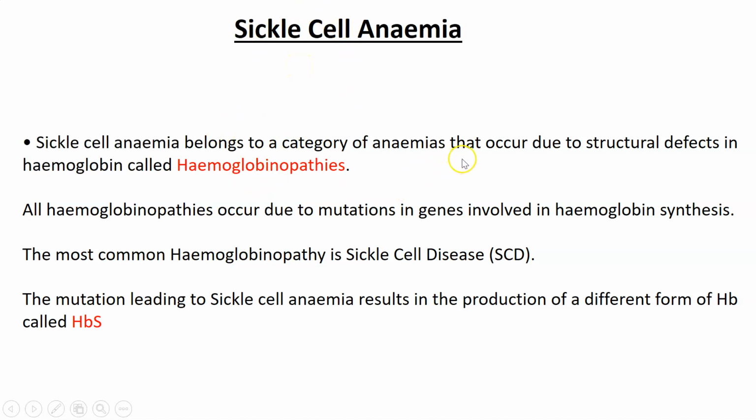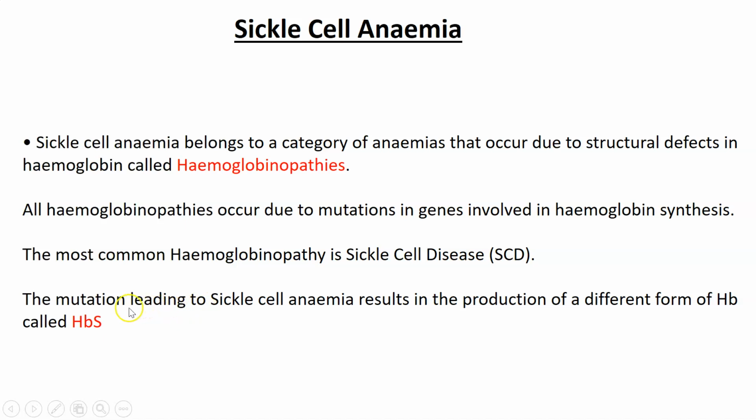Hemoglobinopathies are diseases where there are structural defects in the hemoglobin. All of these globinopathies arise due to mutations in the genes involved with the synthesis of hemoglobin. The most common hemoglobinopathy, like I said, is sickle cell disease.